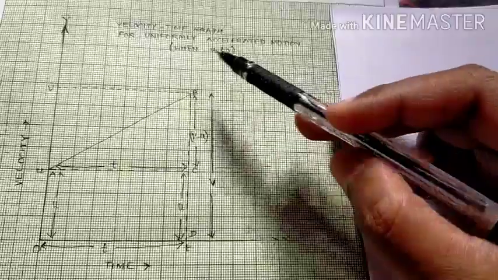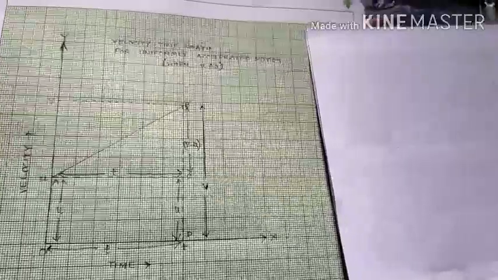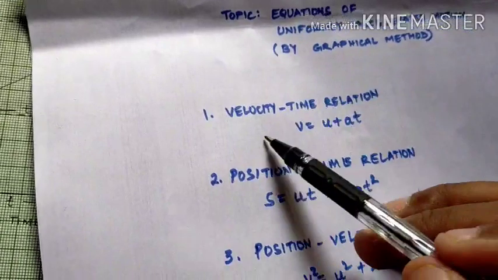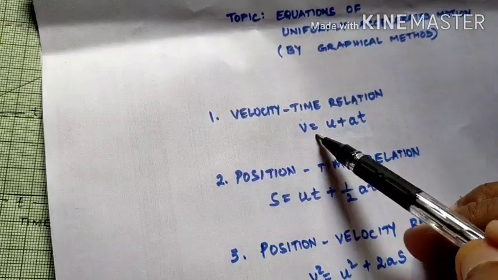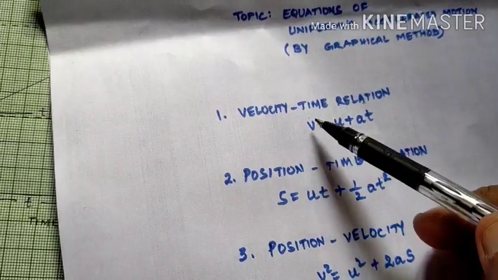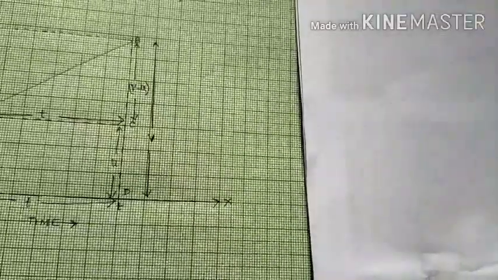So let's start with the first equation of motion, the velocity time relation v equals u plus at. So we'll be deriving this equation first of all.